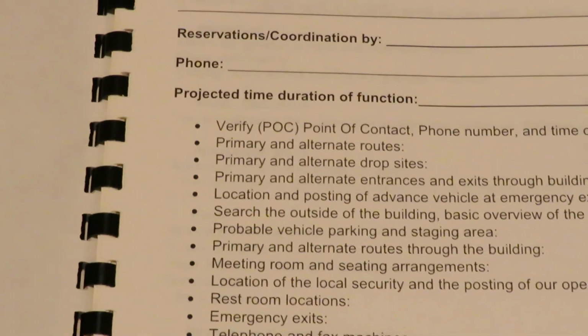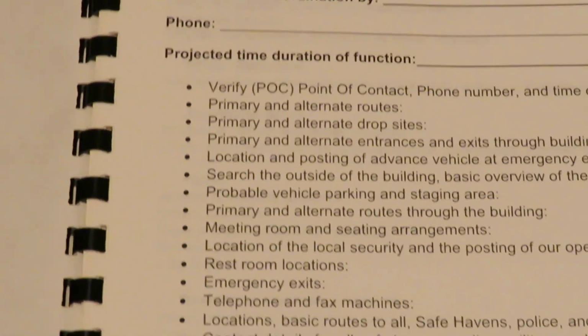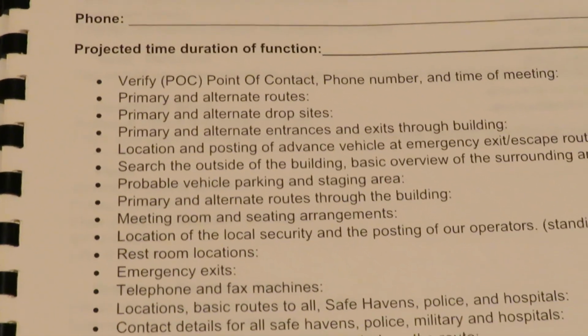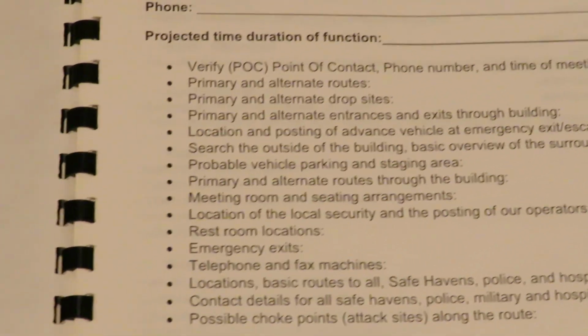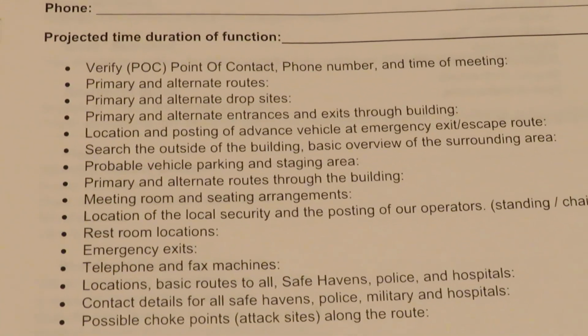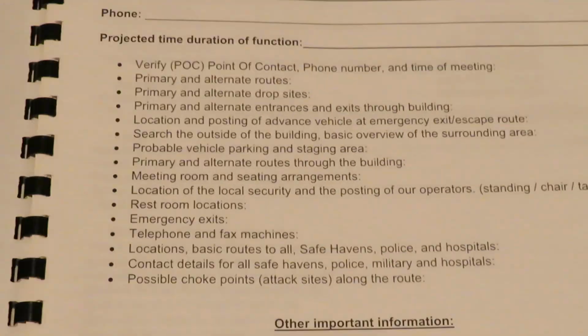primary and alternate drop sites, PACE, primary and alternate entrances and exits through the building, so your defense in depth, your scope of concentricity, location and posting of advance vehicle at emergency exit and escape route.